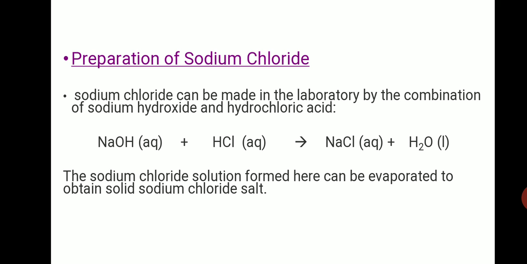It is already available in nature. We just purify it and get it, either through the evaporation method or from underground deposits itself. So industrial preparation is not much followed on a large scale. This is the common method we have to follow to prepare sodium chloride.